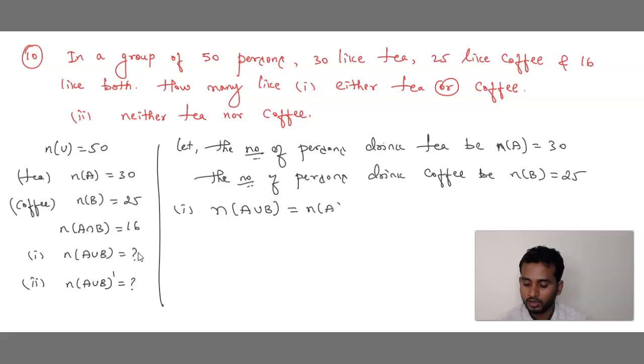We have the formula n of A plus n of B minus n of A intersection B.